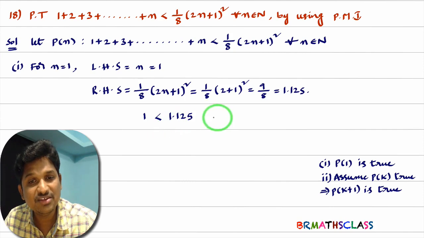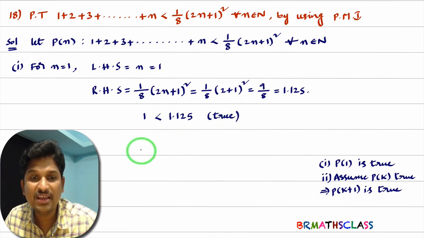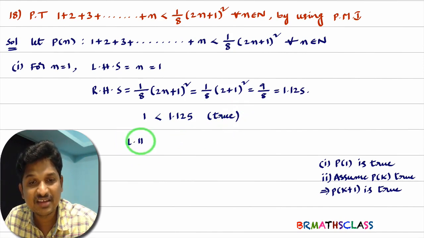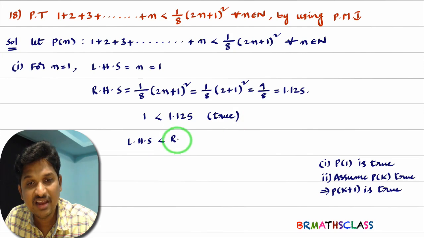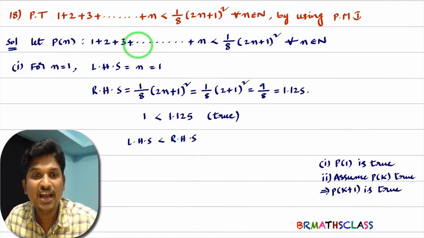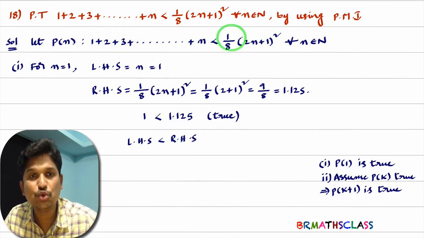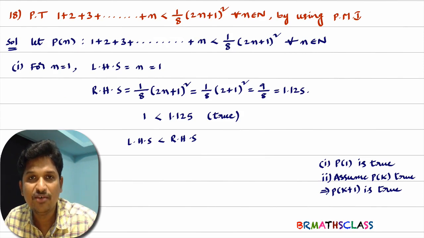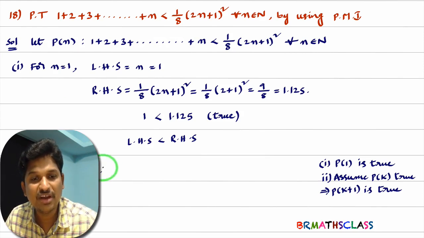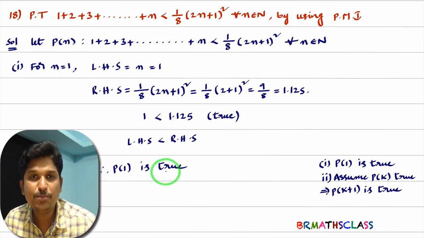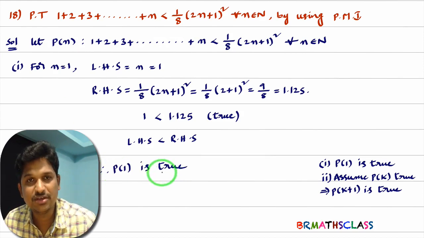Yes, this is true. 1 is smaller than 1.125. So, LHS is less than RHS. That means this statement is true for n equal to 1. From this, we can say that P of 1 is true. So, we proved the first part of this question.